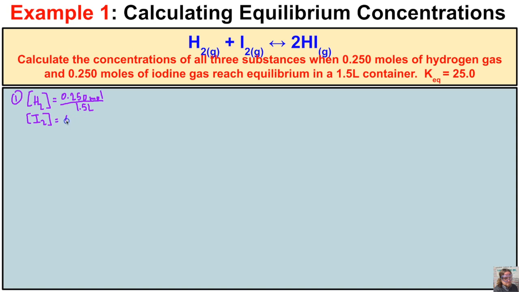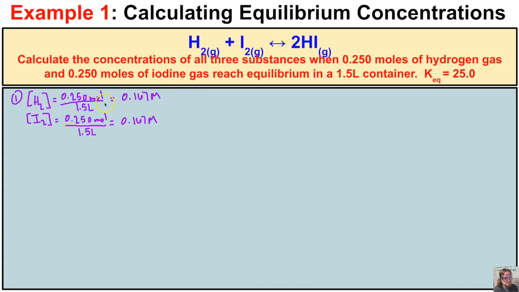We also have 0.250 moles of I2, and this is also going to be placed in a 1.5 liter container. And so the concentration of hydrogen gas is going to end up being 0.167 moles per liter, and the concentration of iodine gas is also going to be 0.167 moles per liter.